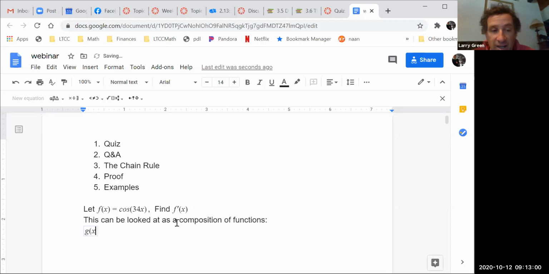So g of x is equal to the cosine of x, and h of x is equal to 34x.